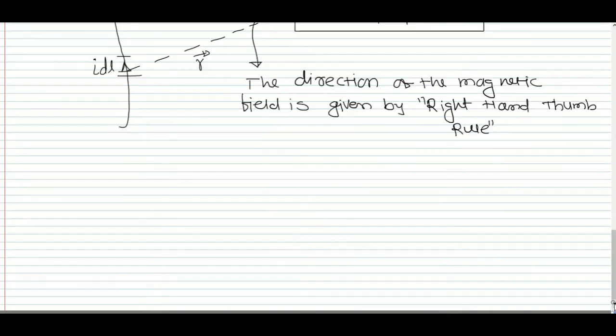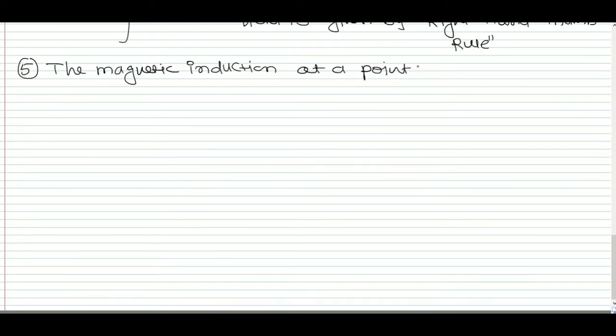Next one we have is the fifth formula, and that is magnetic induction at a point P due to a finite current carrying conductor.